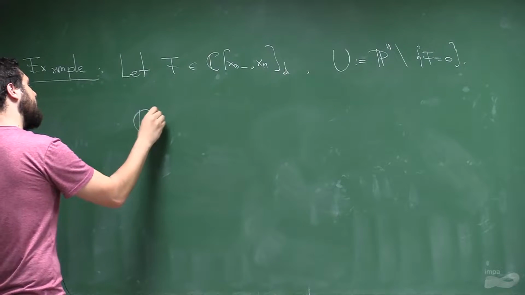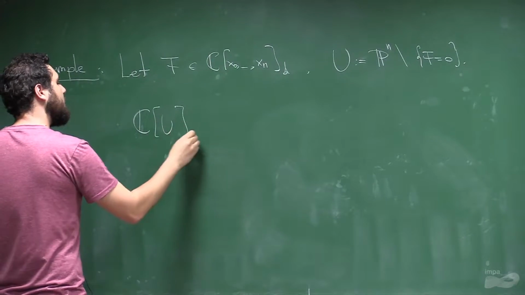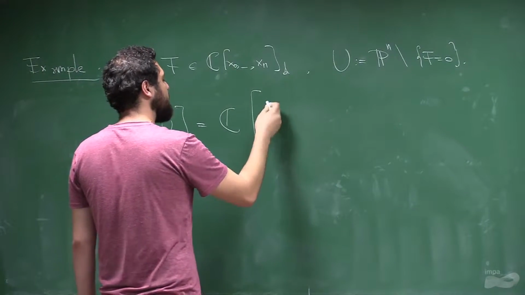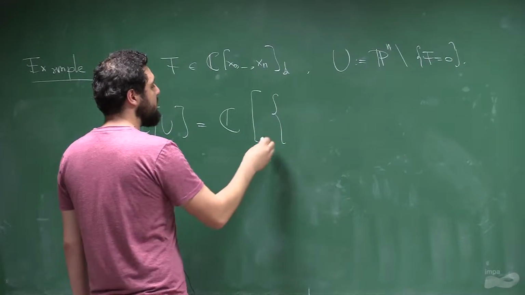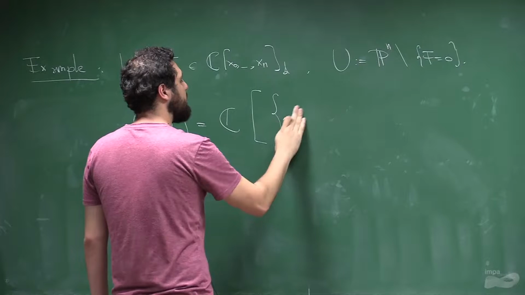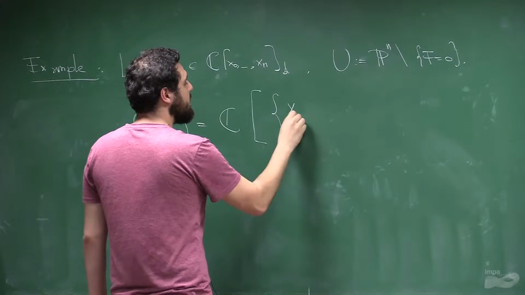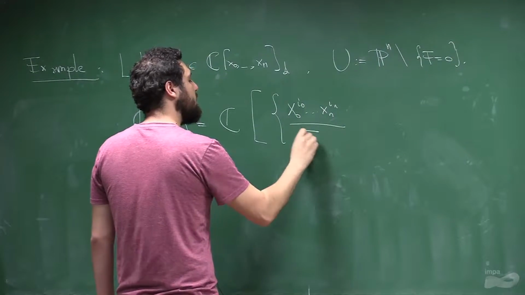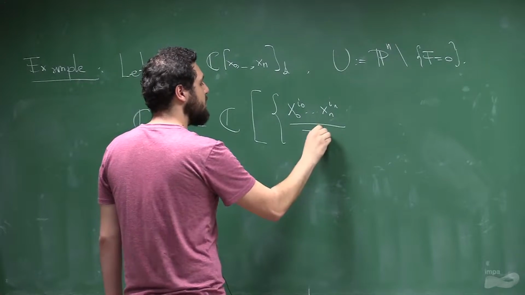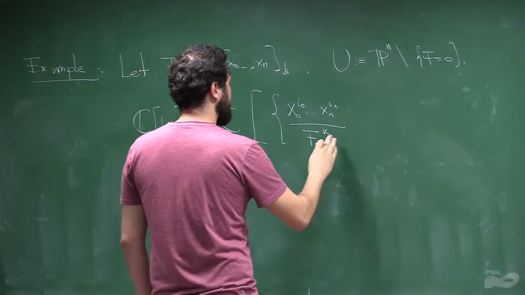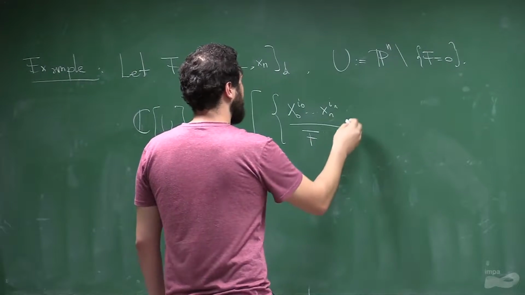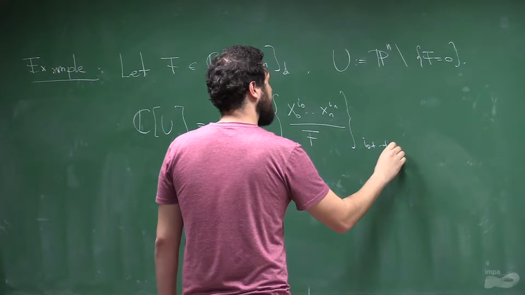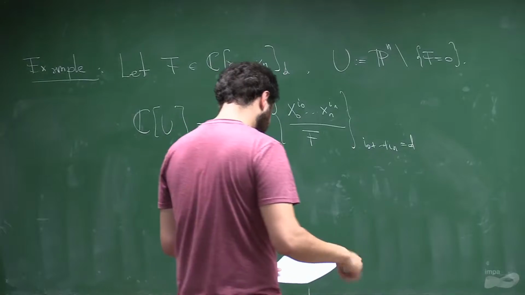So first of all, the ring of regular functions is exactly the algebra generated by the following rational functions: x_0^{i_0} through x_n^{i_n} divided over f, where i_0 up to i_n add up to d.